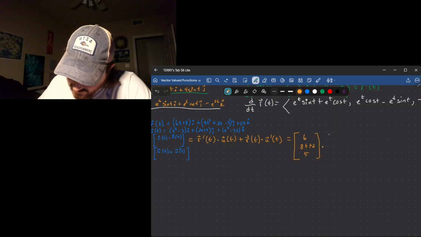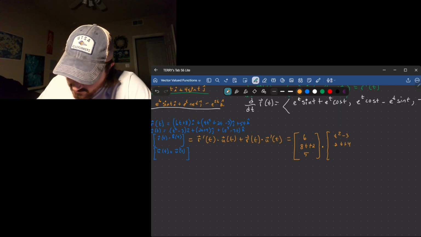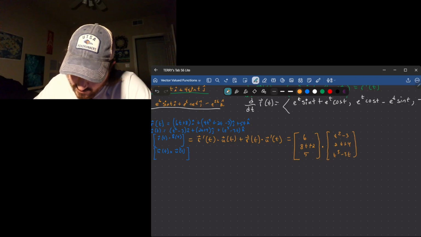And then we're going to dot product that with just u as it is. So we get t squared minus 3, then 2t plus 4, and then t cubed minus 3t. Okay, so that is r prime of t dot u of t.